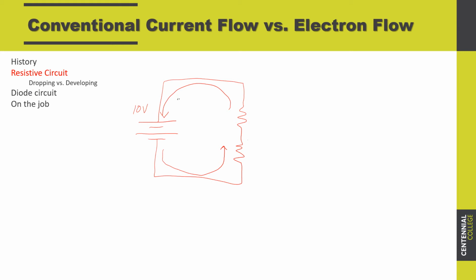And so Kirchhoff tells me that they must all equal the total. So I know that 5 volts would be measured across this resistor, and 5 volts would be measured across this resistor.